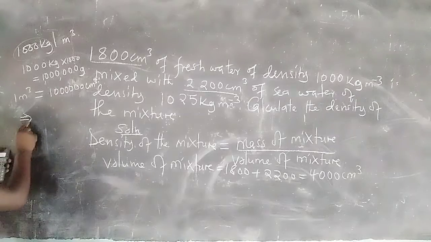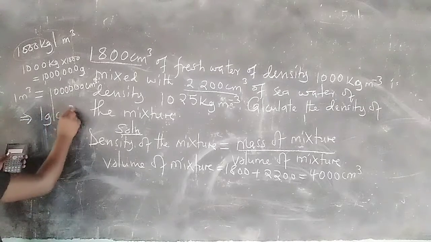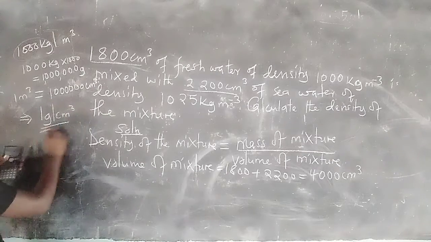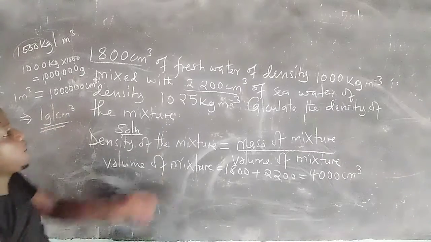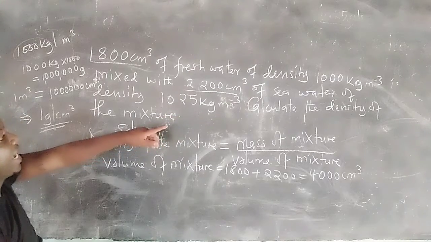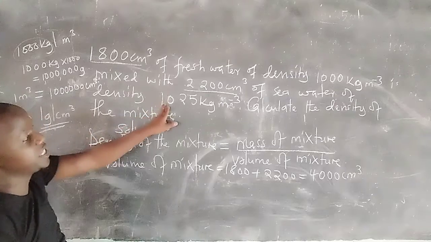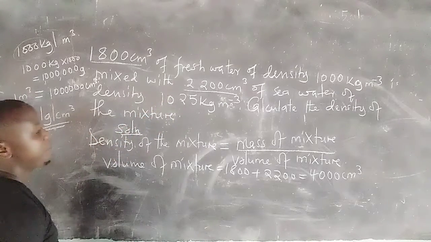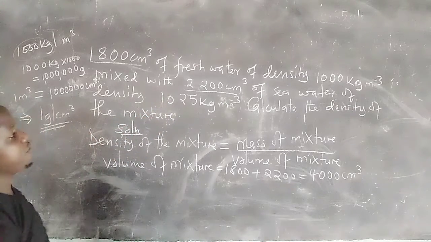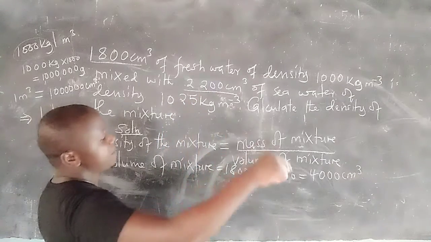That is why we get the density of water as 1 gram per cubic centimeter. Therefore, for fresh water we use 1 gram per cubic centimeter, and for the seawater we use 1.025 grams per cubic centimeter. Therefore, with the densities and the volumes, we can get the respective masses.